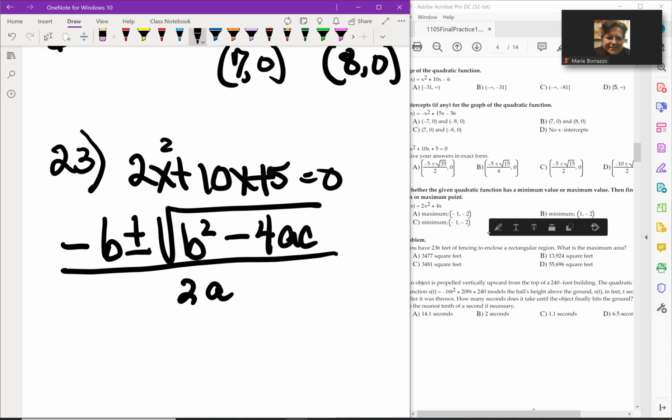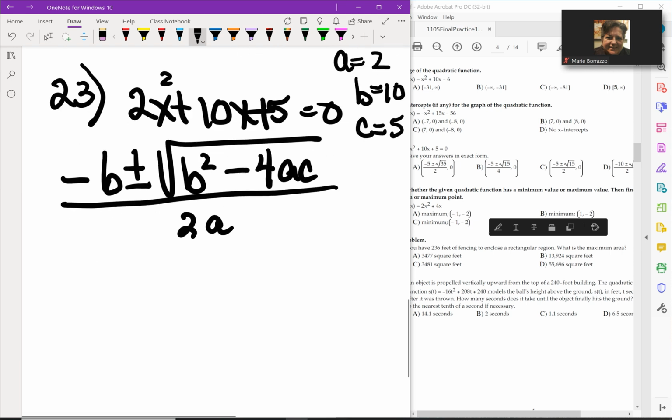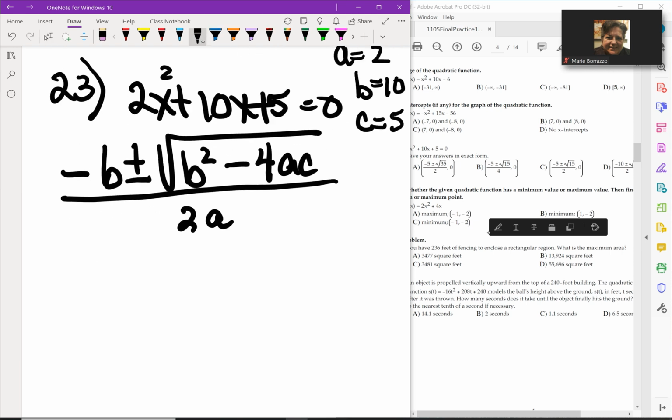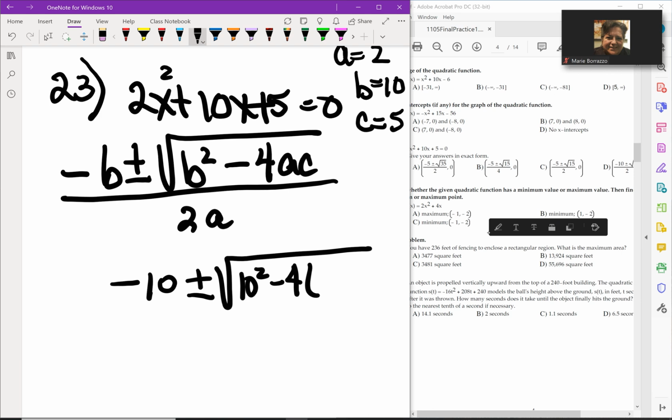So a is equal to 2, b is equal to 10, c is equal to 5. So negative 10 plus or minus the square root of 10 squared minus 4 times a times c, which is 5, all over 2 times a, which is 2 times 2.